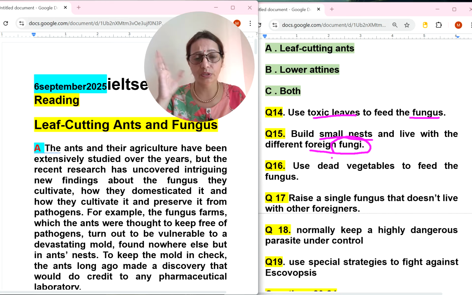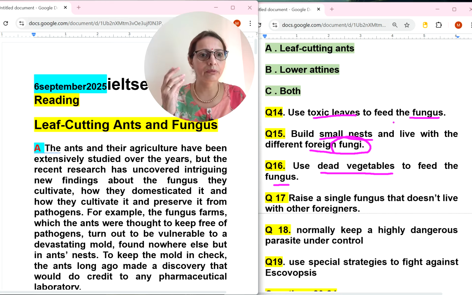Foreign fungi means outside fungi maybe. Use dead vegetables to feed the fungus. Everywhere they are using the words feed fungus, so that is not a keyword. In every paragraph you will get this feed and fungus kind of word. So dead vegetable is my keyword.